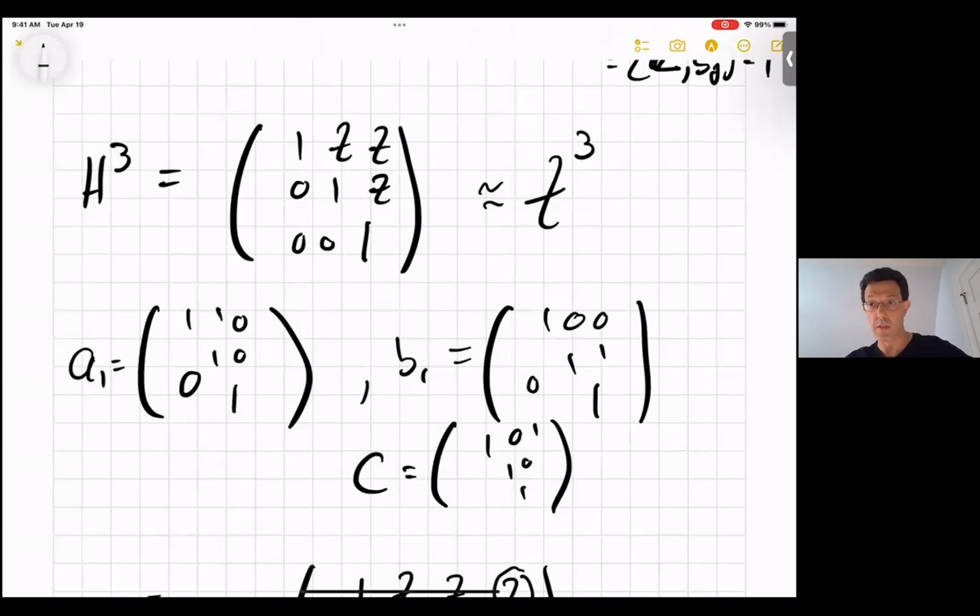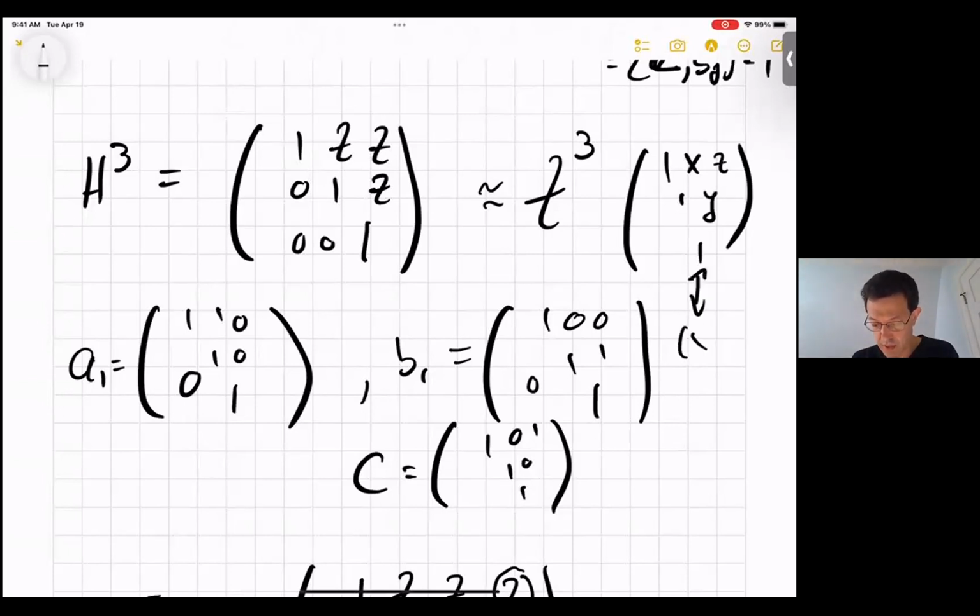So the identification is going to be that the matrix with 1, 1, 1 and x, y, z is going to be identified with the vector x, y, z. So the direction in the top right corner is the central direction.